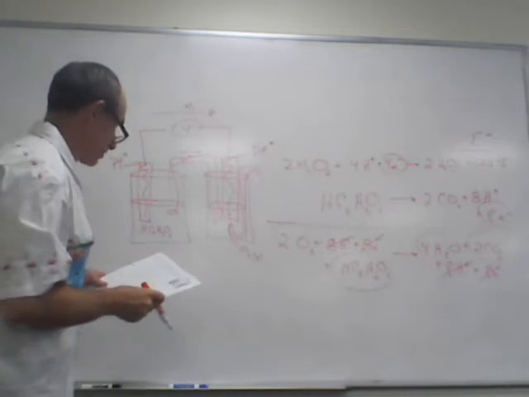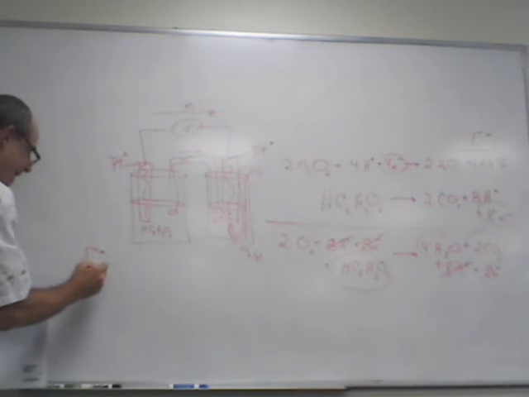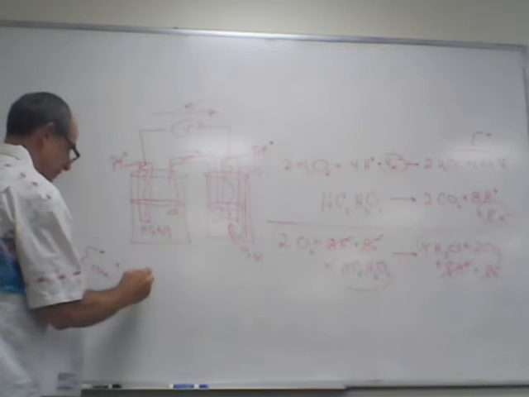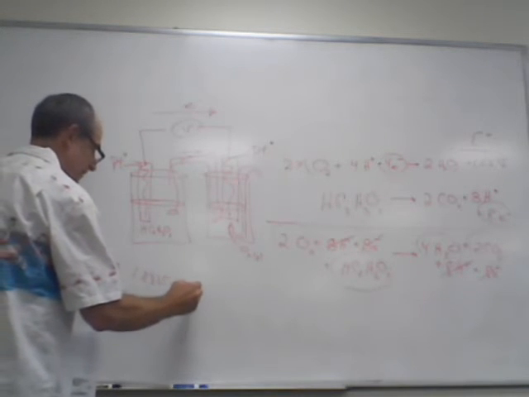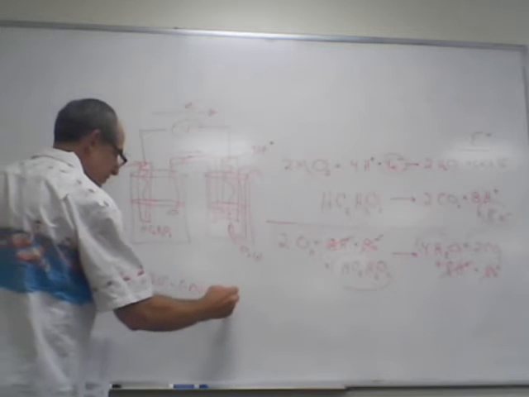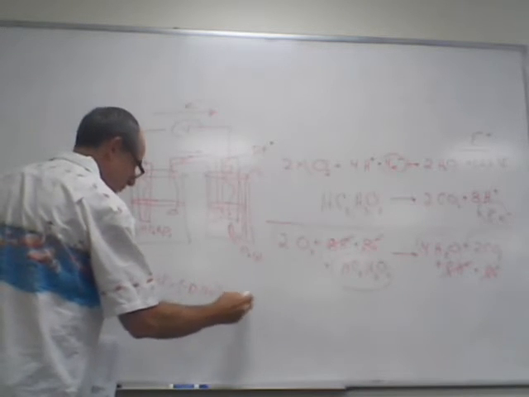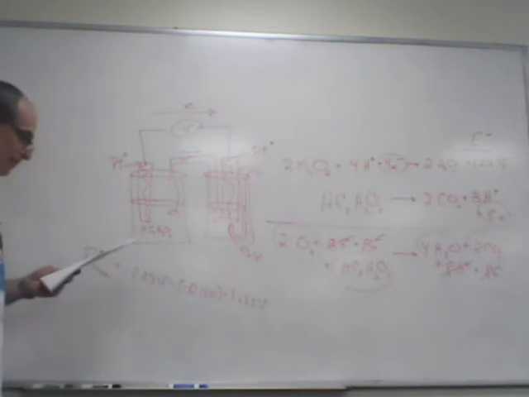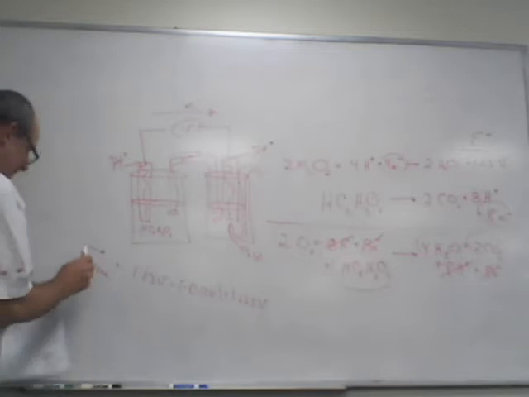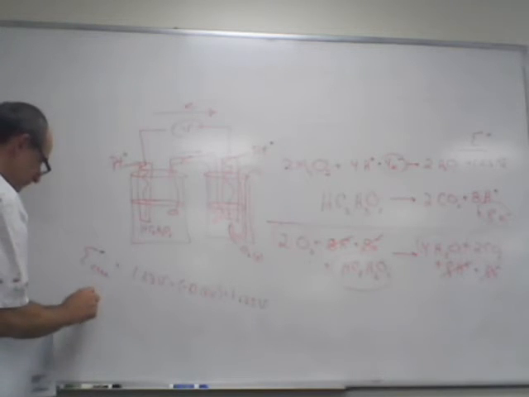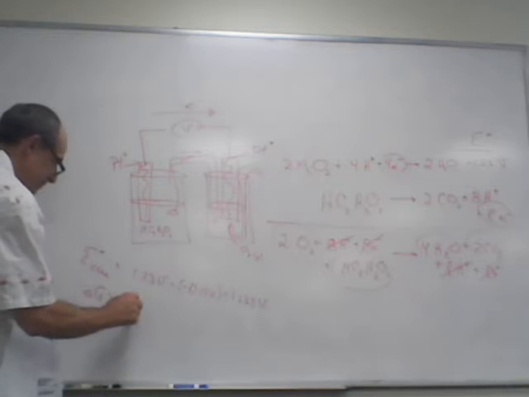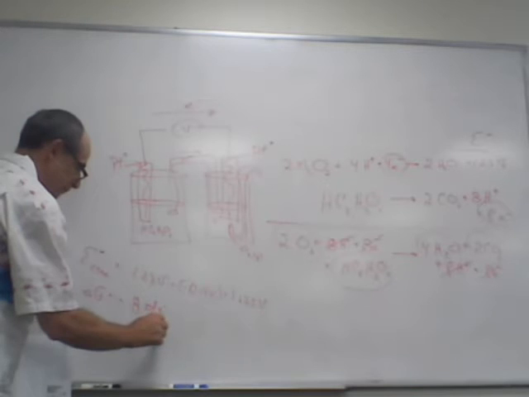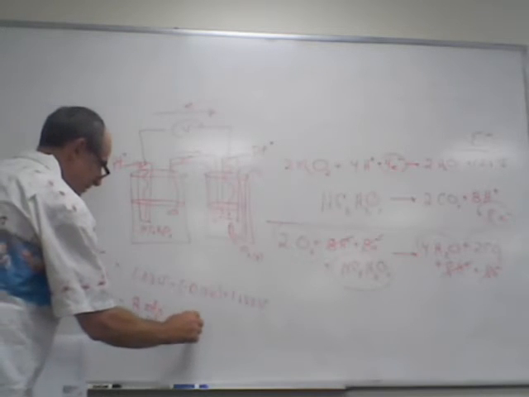The cell potential will just be the difference between the two reduction potentials, so 1.23 volts minus negative 0.12 volts is 1.35 volts, or 1.35 joules per coulomb. And the delta G would be negative. Now we get 8 moles of electrons per mole of reaction times 96,500 coulombs per mole of electrons times 1.35.